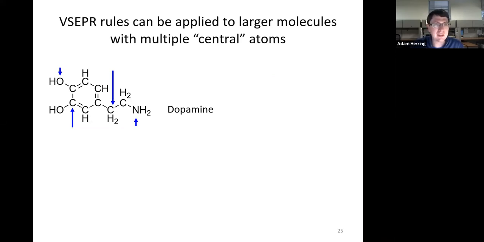So this is good practice evaluating where there will be lone pairs of electrons. As a reminder, you'll want to evaluate this using the rules of valence. So look for how many bonds an element has, and then the remaining electrons must be supplied as lone pairs of electrons. All right, so pause the video and try this on your own. Determine the electron domain geometries of each of those central atoms.